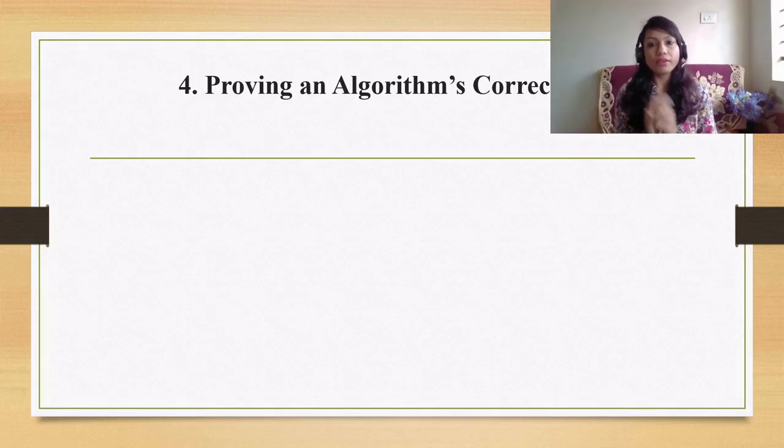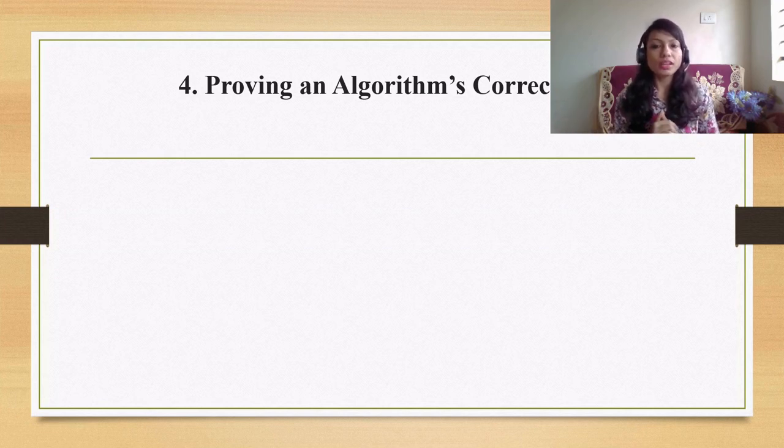Any guesses how to prove the correctness of an algorithm? This is your step 4, proving the correctness of the algorithm. The algorithm need only run correctly for the range of input you have specified, not for all inputs. What we have to make sure is that it works for your legitimate inputs.